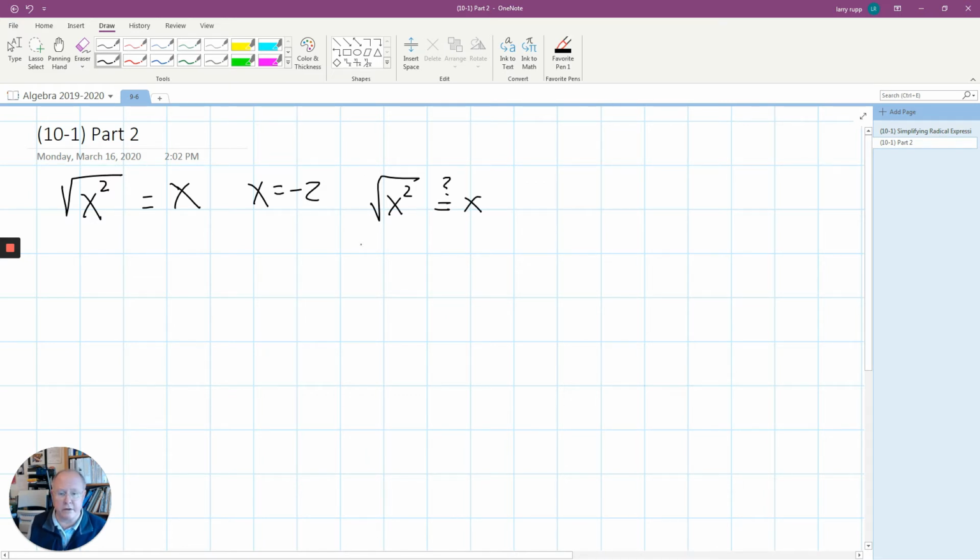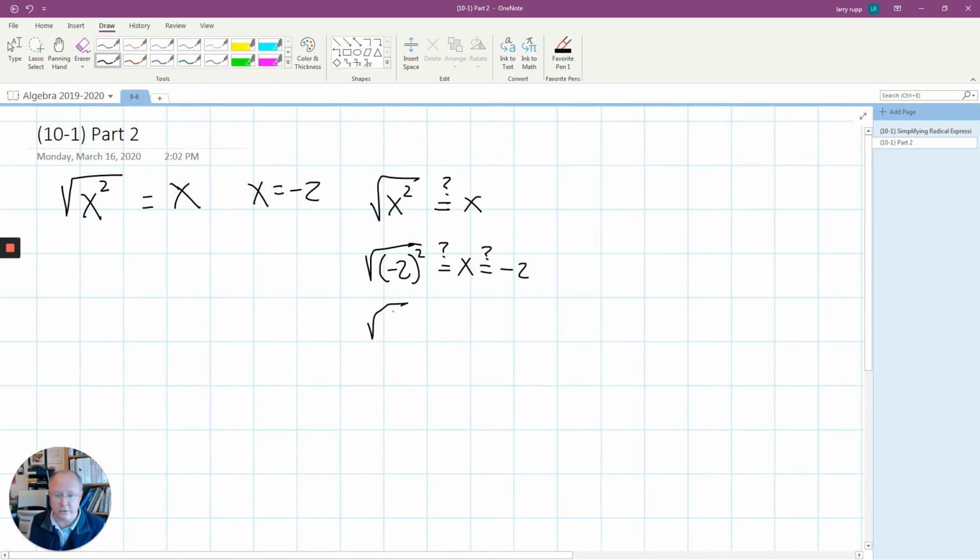Well, let's find out. So we take the square root of -2 squared. We want to know if that is equal to x. Or in this case, does it equal -2? Okay, well, -2 squared is 4.